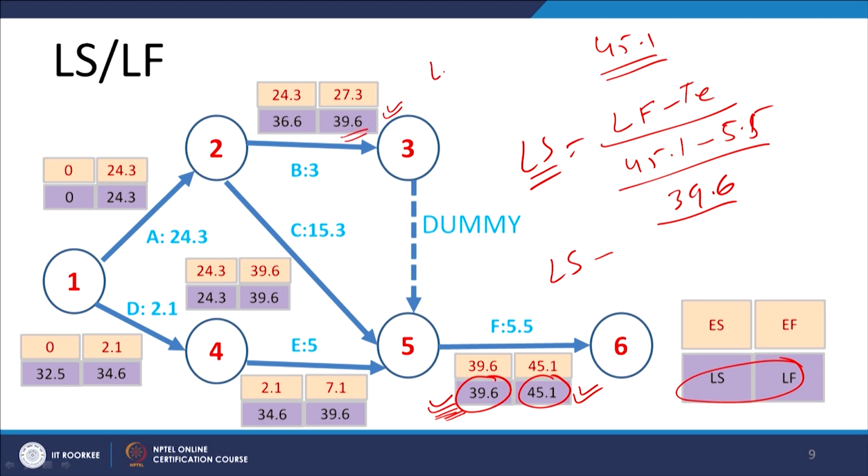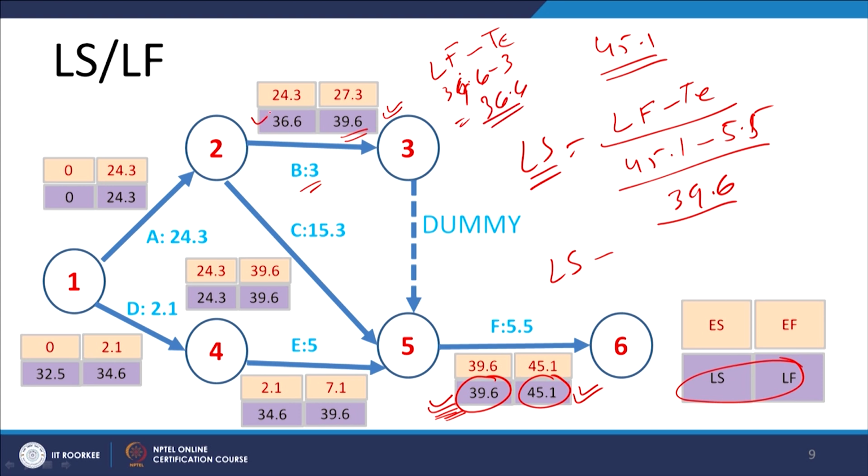So this becomes the LF. If 39.6 is the LF value, then the latest start possible for activity B is LF minus the activity time, 39.6 minus 3, so it becomes 36.6.